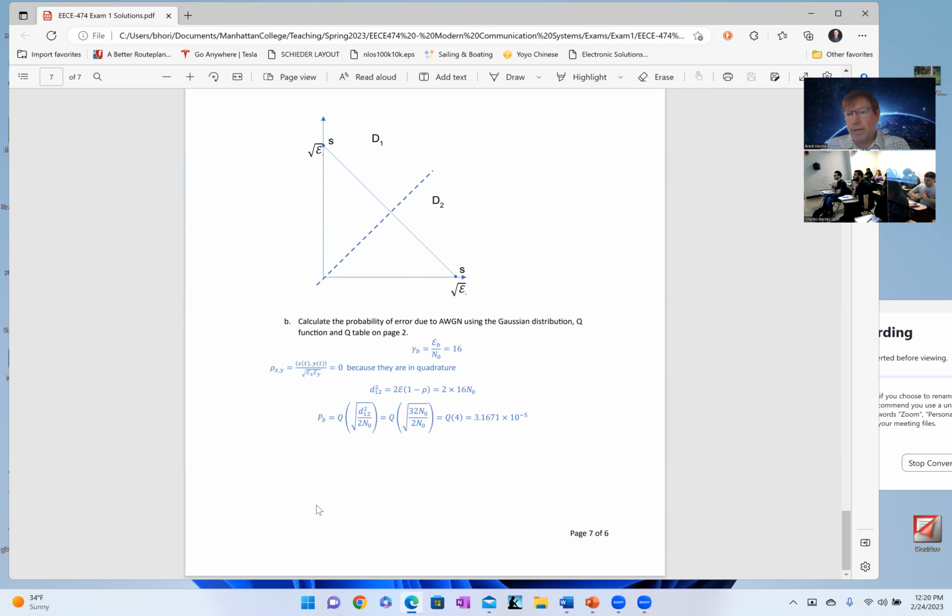really it's not that scary if you've looked at this and understand the concepts. During the lecture, I made a point that with this, you need to figure out what rho is. What is that correlation coefficient, or how do these two symbols correlate with respect to each other? Well, we said they're in quadrature, and that means that rho is going to be 0, right?